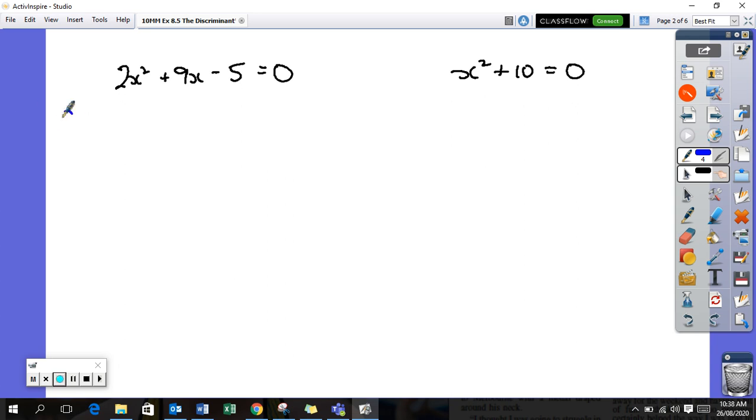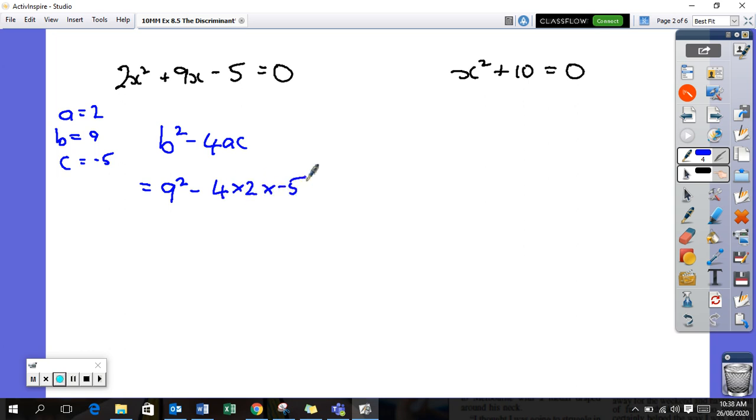So the first one we've got a equals 2, b equals 9, c equals minus 5. b squared minus 4ac equals 9 squared minus 4 times 2 times negative 5. Okay, so we get 81 minus 4 times 2 is minus 8.